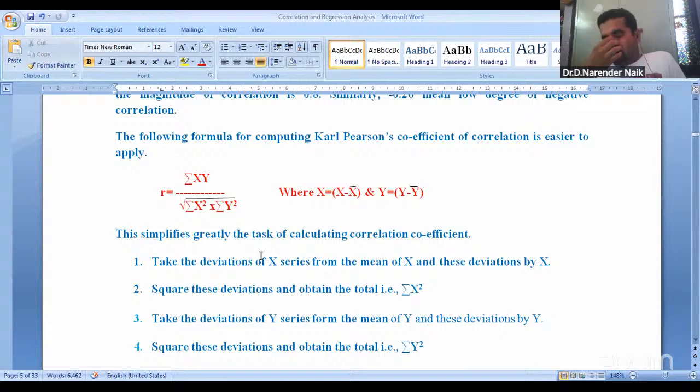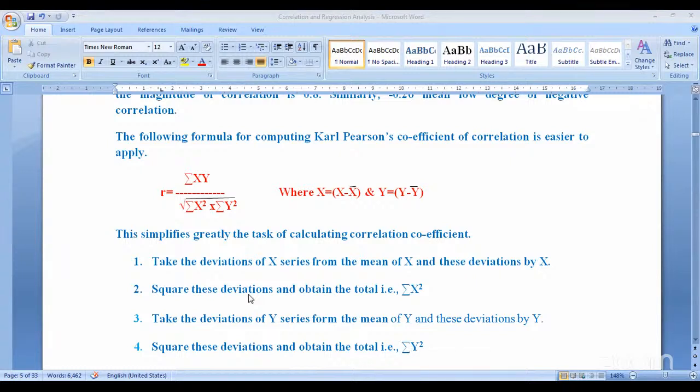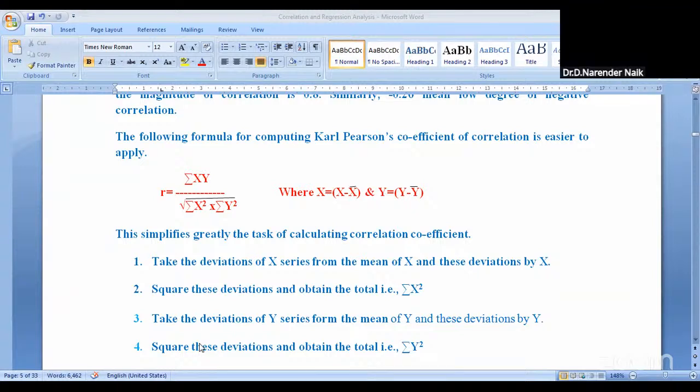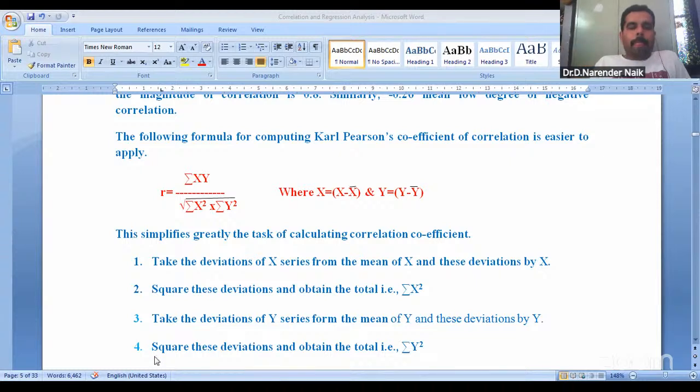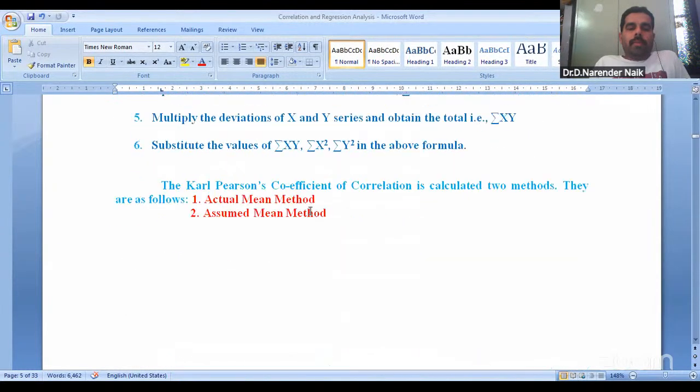Here, r is equal to sigma xy divided by under root of sigma x square into sigma y square. Then there are the actual mean and assumed mean.